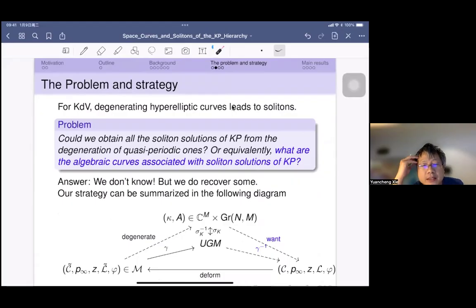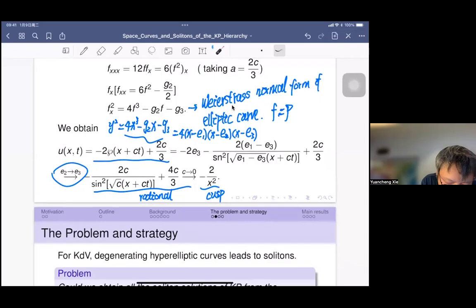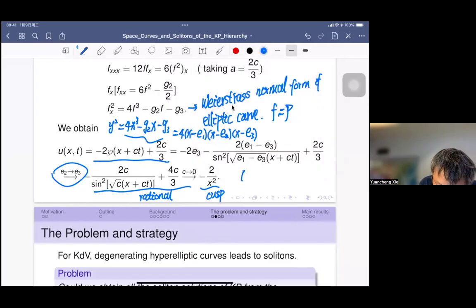Now let's come to the second part. What kind of problems were Yuji and I interested in? We can see clearly that we have three sets of different solutions. The top one is the quasi-periodic solution, and it corresponds to some smooth algebraic curve.